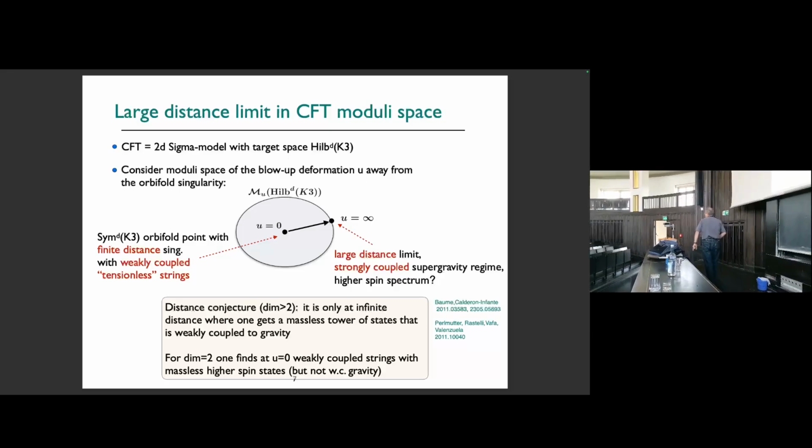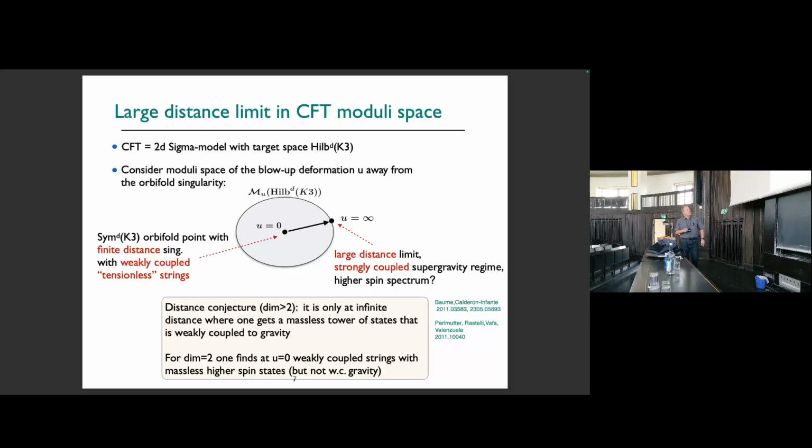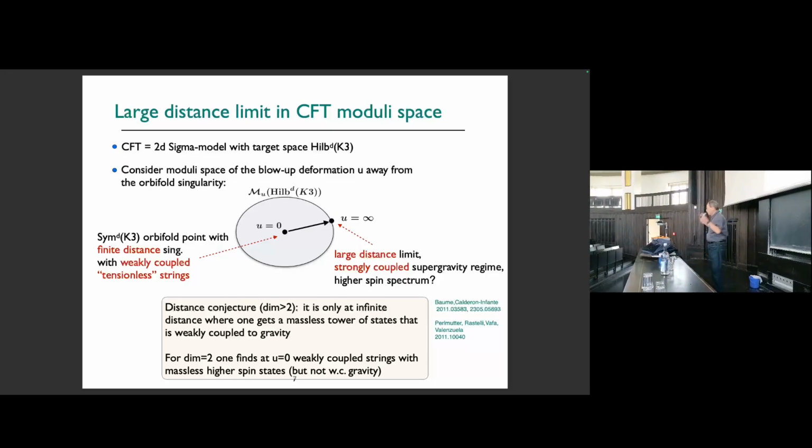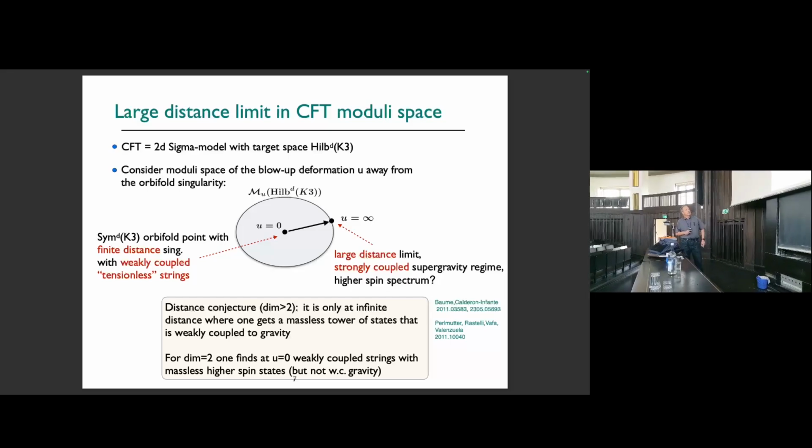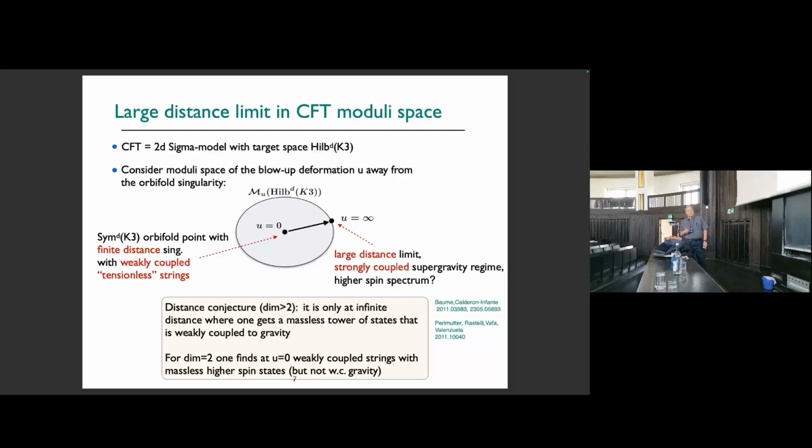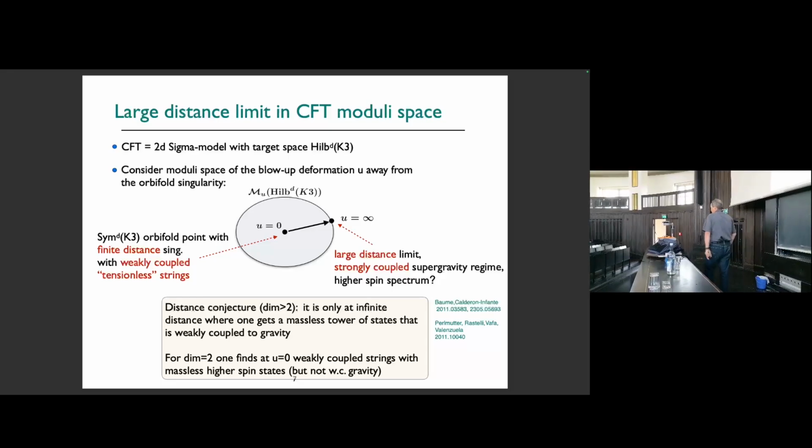Yeah? And then one can think about deforming it to U goes to infinity, and this is where usually large distance limits are considered with all possible ramifications of higher spin spectra and so on. And this is a bit at odds with the intuition, because there are theorems, and we heard about this in previous talks, that it is only at infinite distances where you have a massless tower of higher spin fields appearing.